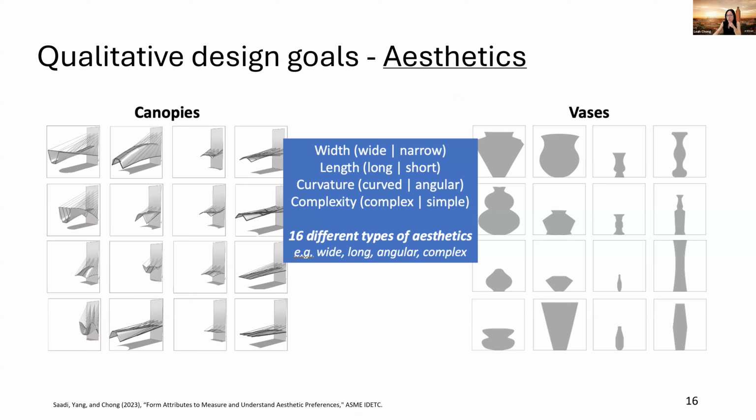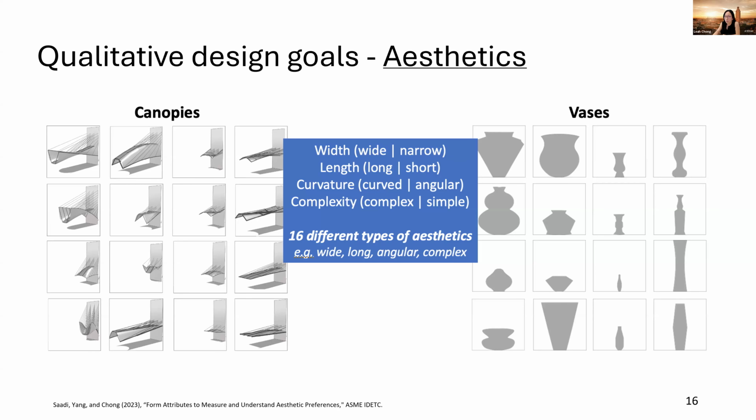And then we defined 16 different types of aesthetics using 4 different syntactic attributes: width, length, curvature, and complexity. And then we made 16 different variations of these 4 attributes, coming up with 16 different types of aesthetic groups.